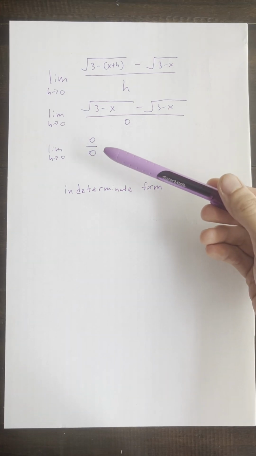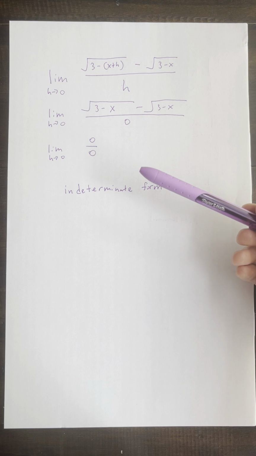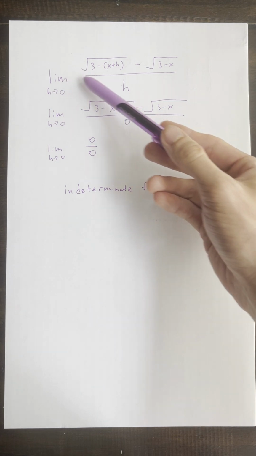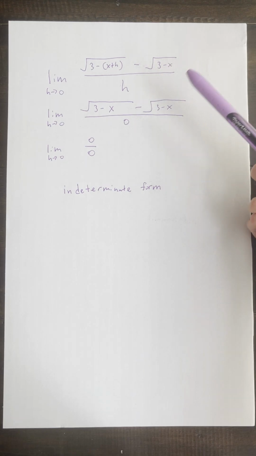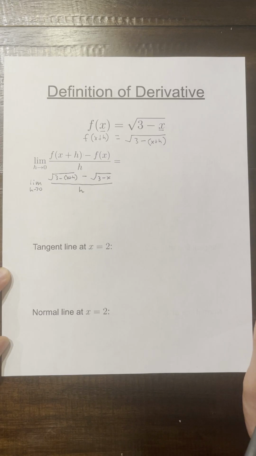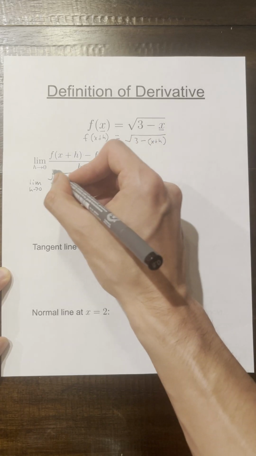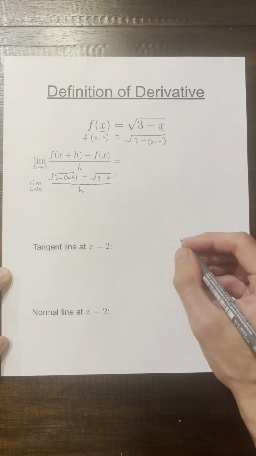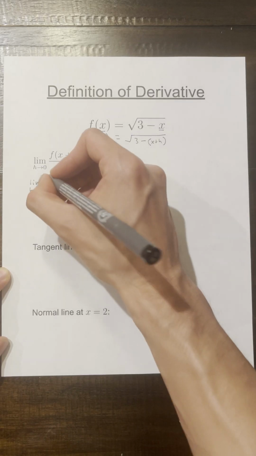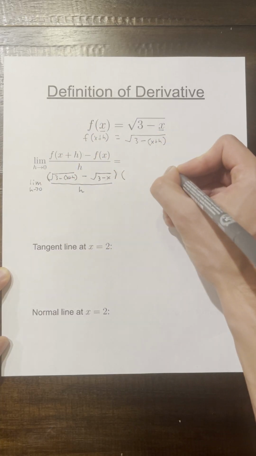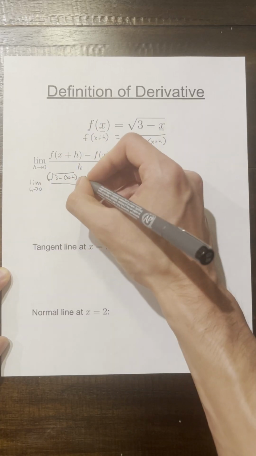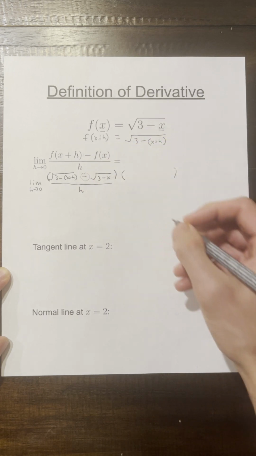So if you get 0 over 0, you're going to have to try something else to calculate the limit. And with the square roots, you can multiply by the conjugate, as I'll show in a second. So I'm going to multiply the top and bottom by the conjugate of this. What does conjugate mean? Conjugate means we copy this expression except the sign in the middle is reversed.